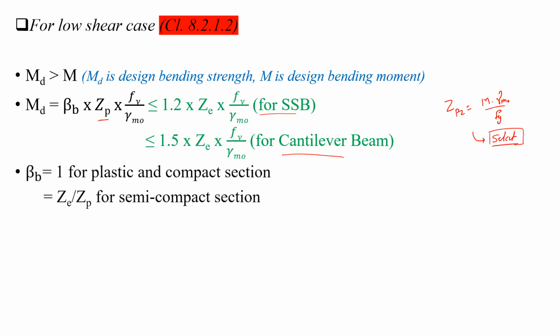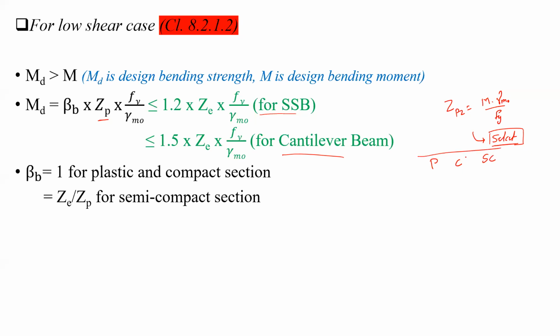Here the value of beta B is taken as 1 for plastic and compact sections. In the section classification, you have the plastic section, compact section, and the semi-compact section, right? These are the three sections.